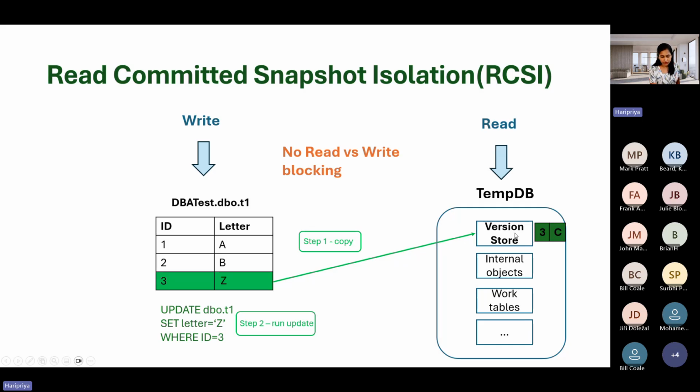Nothing will go to the version store. The first thing is to just run an update, and when the select runs, it will get blocked because the select also reads from the original table in case of default isolation level. But because this is RCSI, write will go to the table, read will go to the version store and read this previously committed value. So this is how we are preventing the blocking.